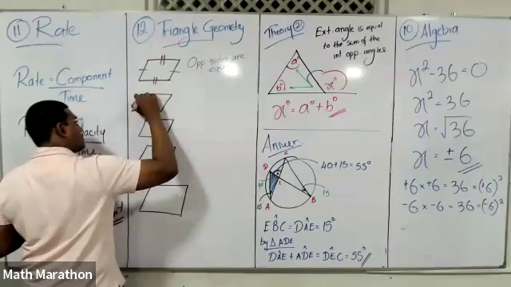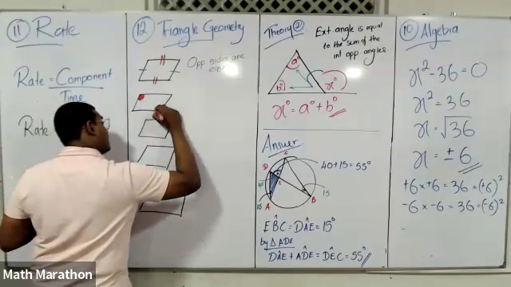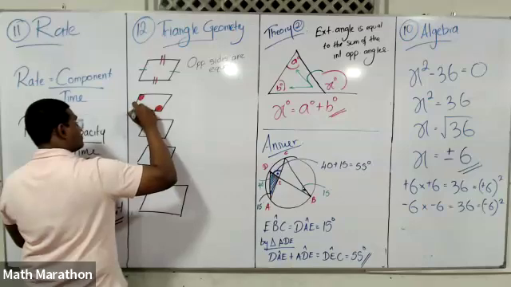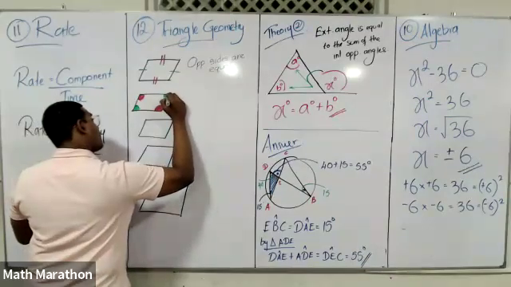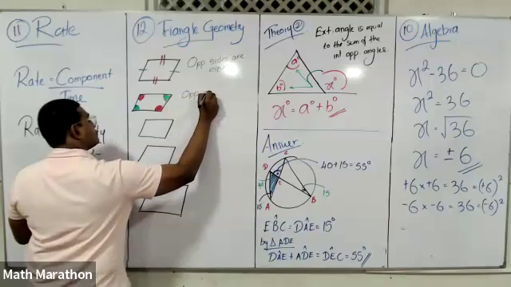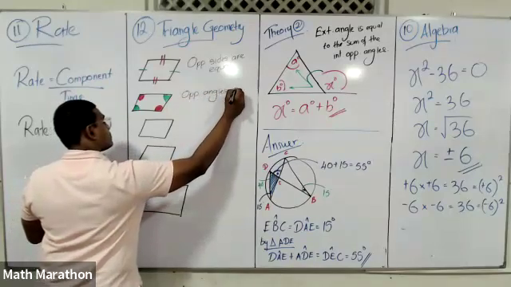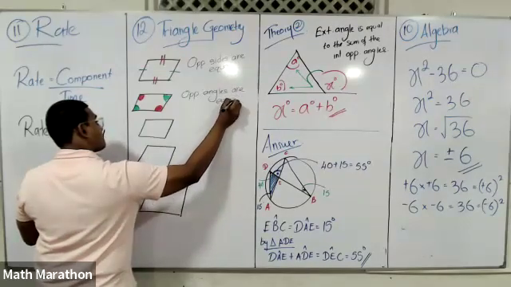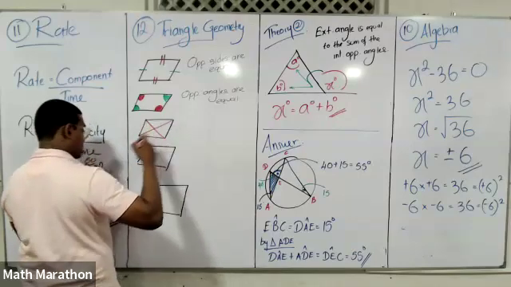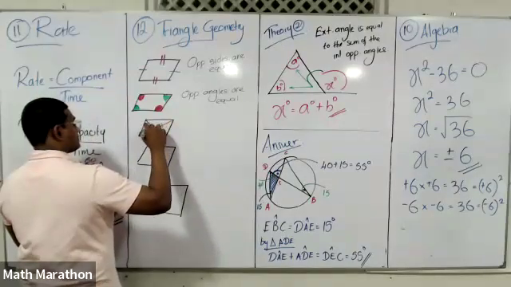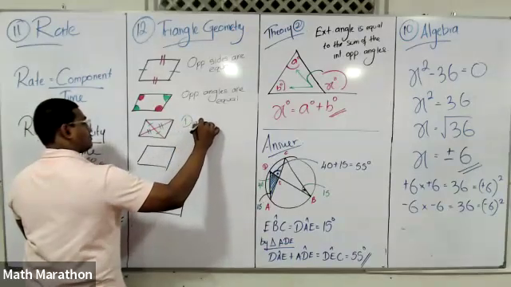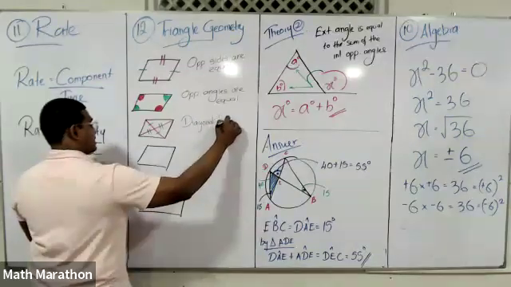Second one, opposite angles are equal. Third one, diagonals bisect each other.